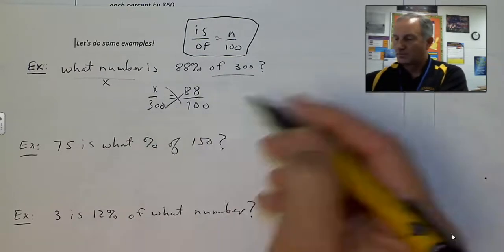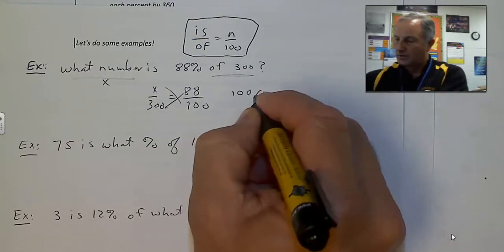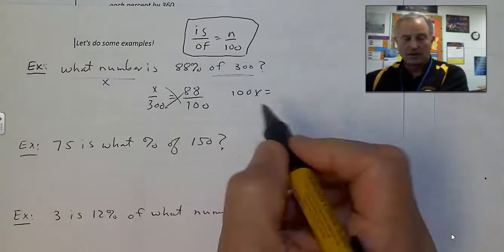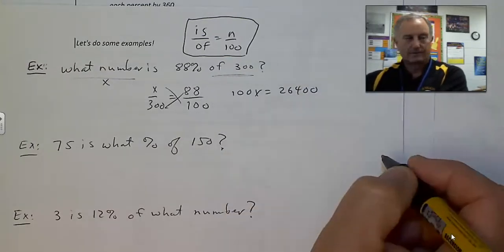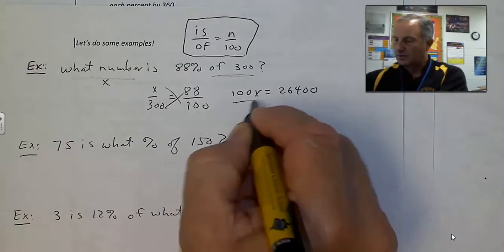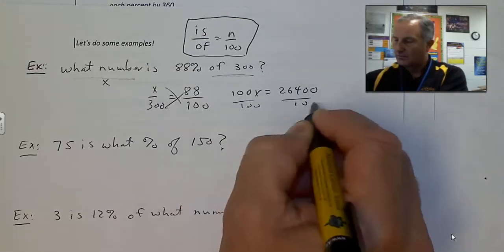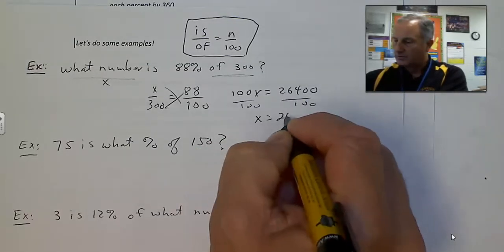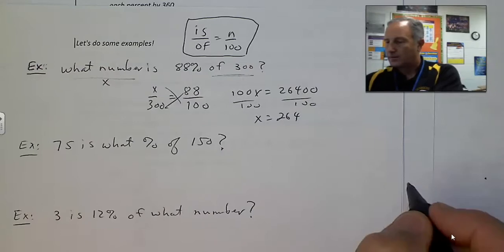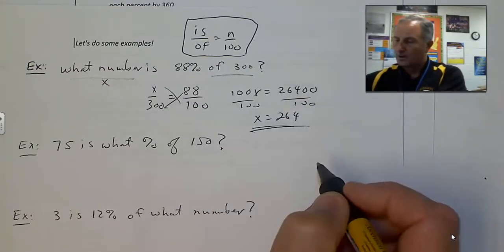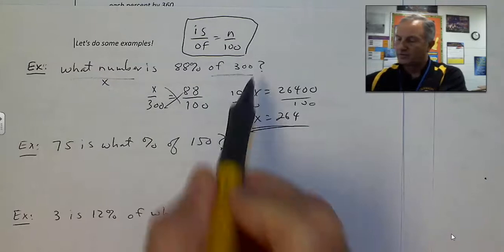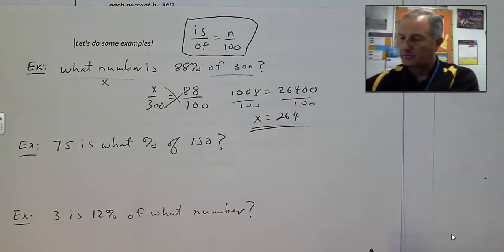And cross multiply. 100x equals 88 times 300. I believe that's right, double check and make sure. Divide out the 100. X is equal to 264. So 264 is 88% of 300.